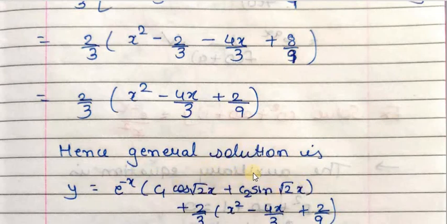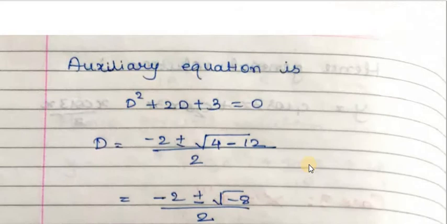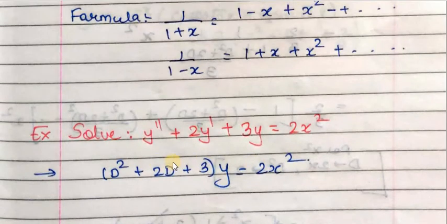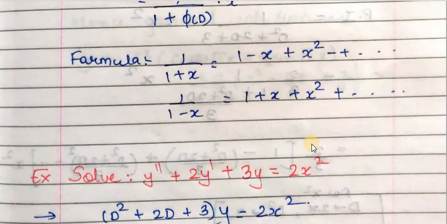So this is the general solution of this differential equation, that is y double dash plus 2y dash plus 3y equals to 2x square, right?